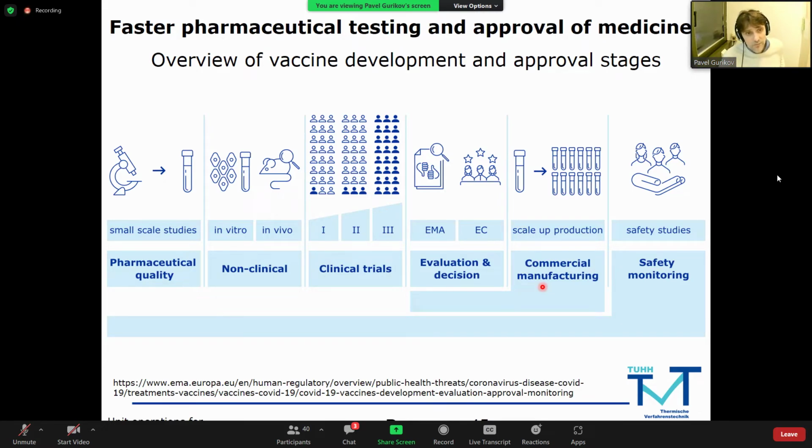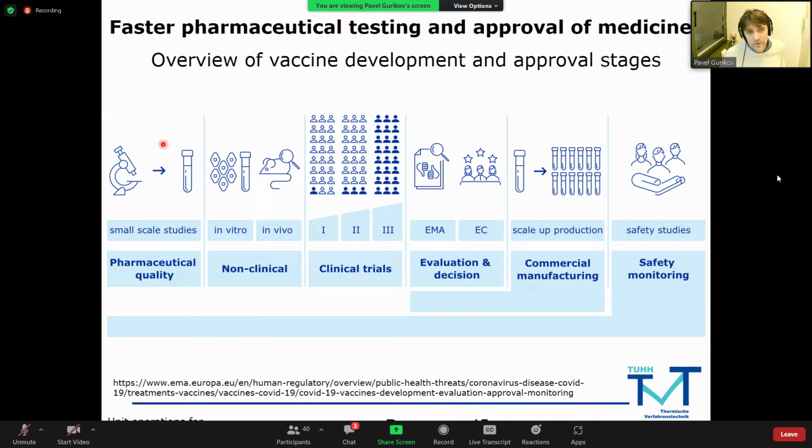You go from R&D, from very small scale in vitro studies, basically in a test tube, all the way to the safety studies. Then the real commercial manufacturing actually begins somewhere here. This way takes approximately 10 years.